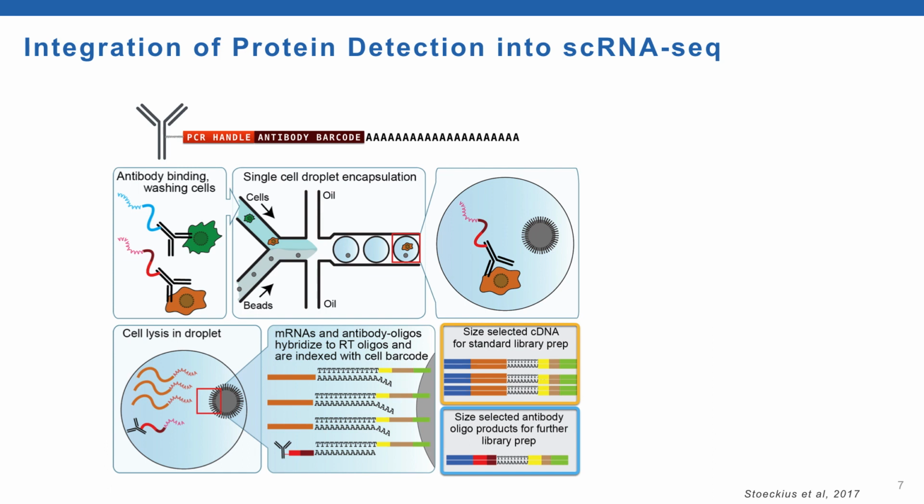This is important because it means that you're not sacrificing any of the complexity of your mRNA-seq component of the library in order to get the protein information. And this is just an illustration of what the two different libraries look like. They're very readily separable by size. This is the cDNA part of the library, and this is the protein or antibody-derived tag part of the library.